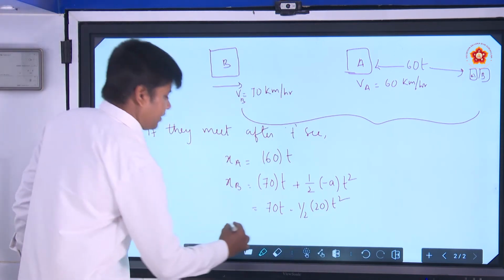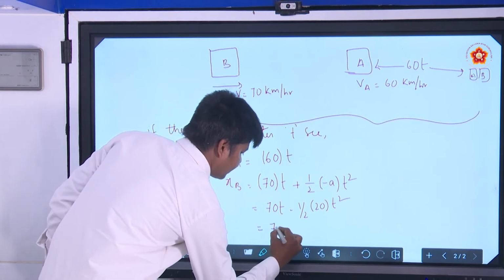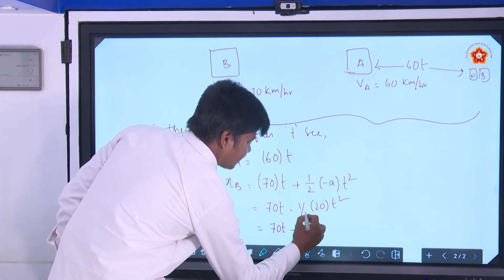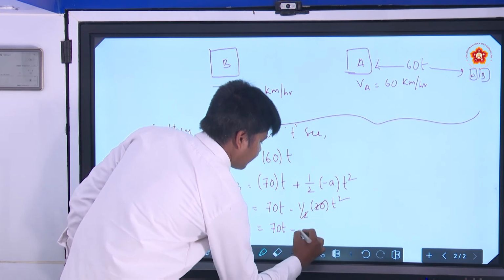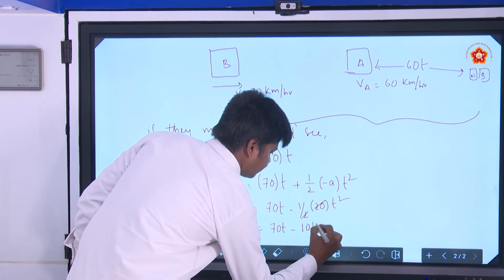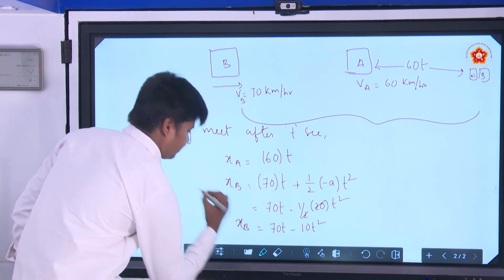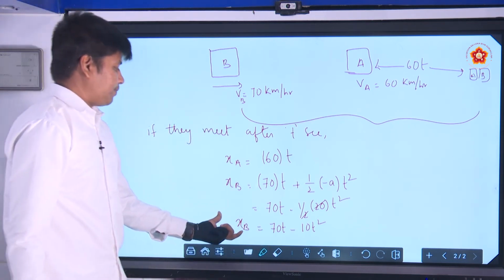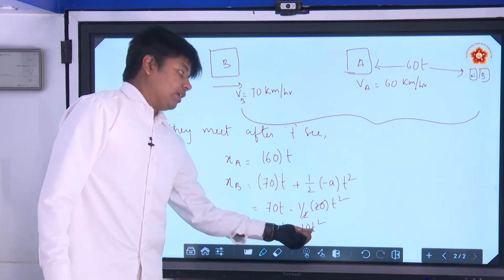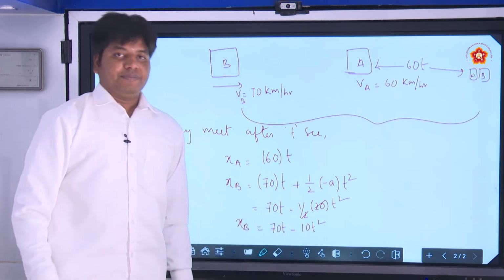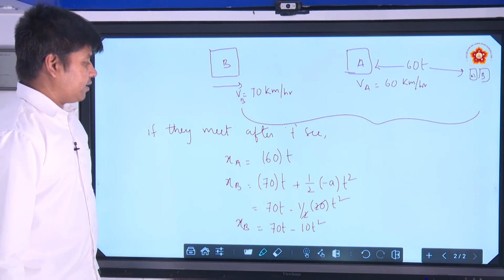So that becomes 70t minus 10t square. This is the distance travelled by B for the time t.